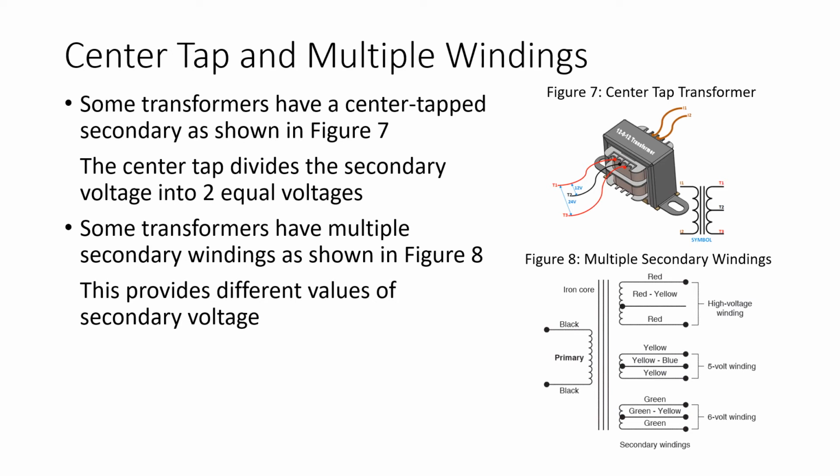So we can have a set of windings that are called the high voltage windings, and then we've got a set of windings that provide 5 volts and a set of windings that provide 6 volts. And these types of transformers are widely used in the power section of different pieces of equipment.